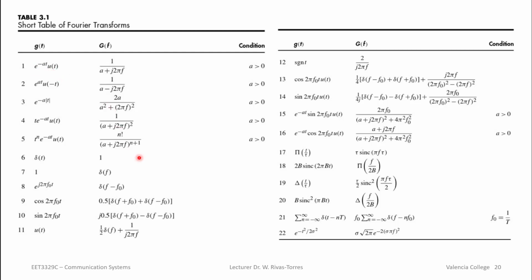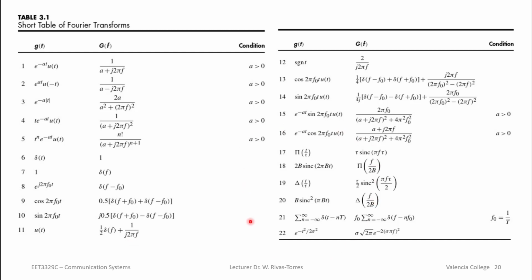And there's a few of these. The same thing for the single unit step: we did not derive this, but it's on this table. So here's what its Fourier transform would be. If I gave you a unit step, you would know what the Fourier transform is. We would pretty much use this table.